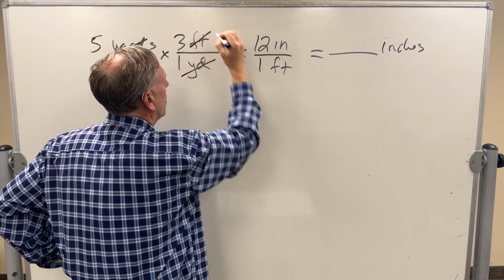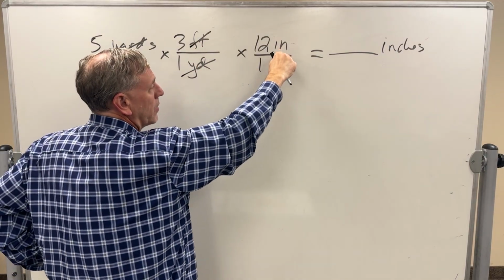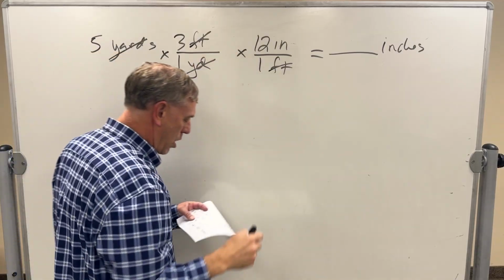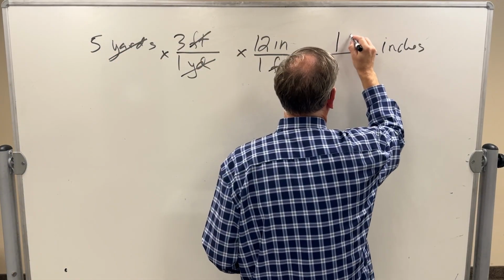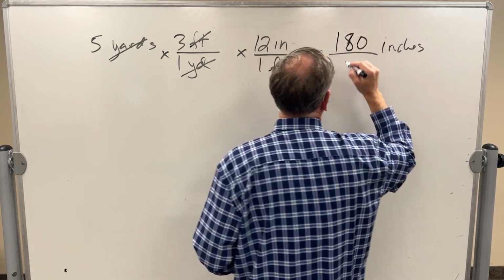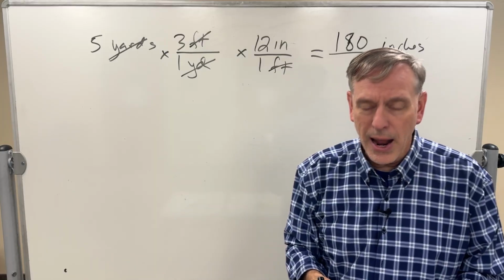So here the yards go away, the feet go away, and all that's left are inches, which is what we want. So 5 times 3 times 12 is 180 inches. This is called dimensional analysis.